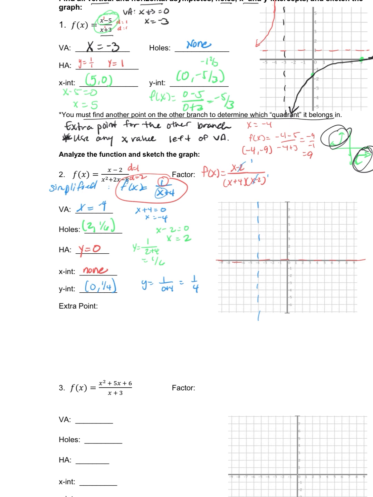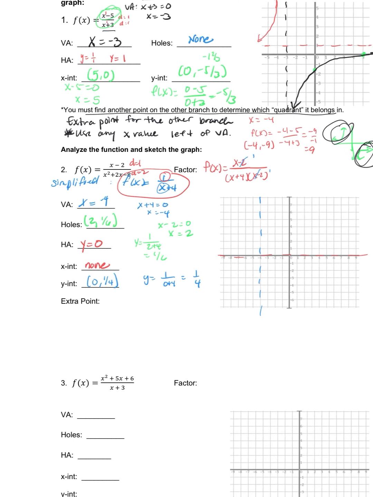I know I don't have any x-intercepts, but I do have a y-intercept at (0, 1/4), which is just a little small thing right here, okay? And then I know I have a hole at (2, 1/6). So put a hole here.